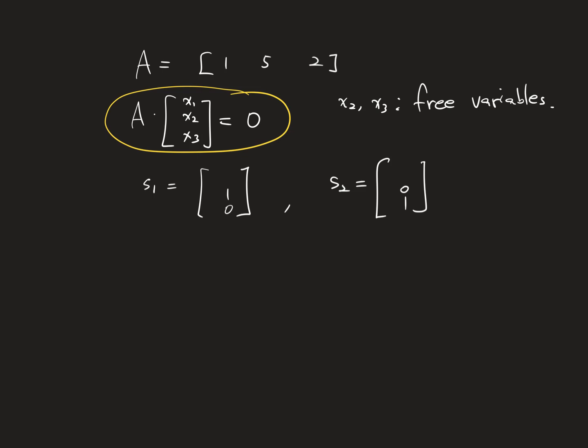And we can find x1 using this pivot equation, x1 plus 5x2 plus 2x3 is equal to 0, and then we can find the value of the pivot variable. And this is the special solution for this equation.